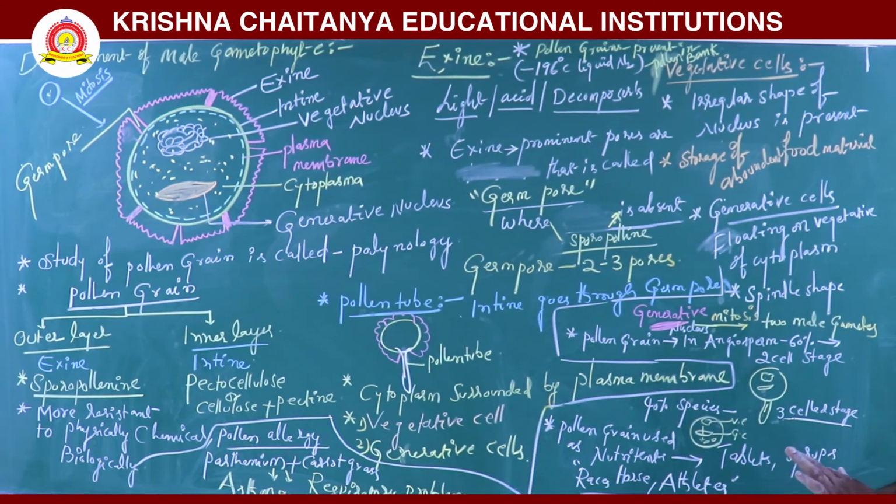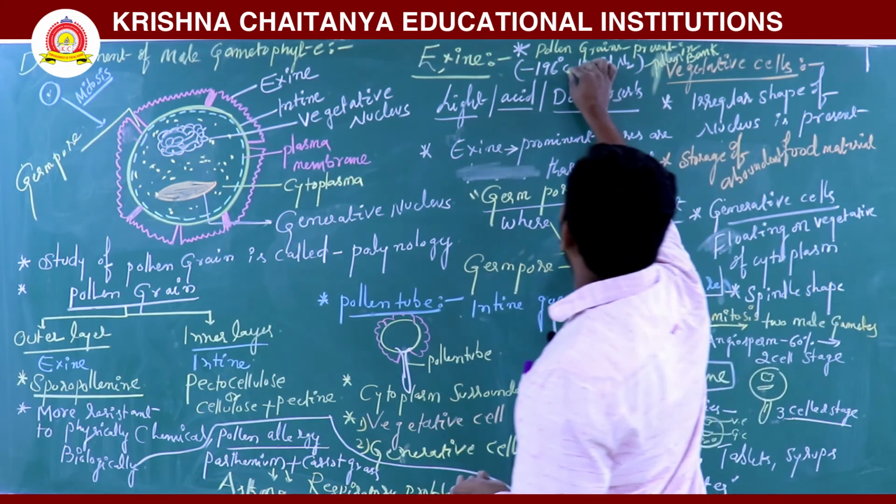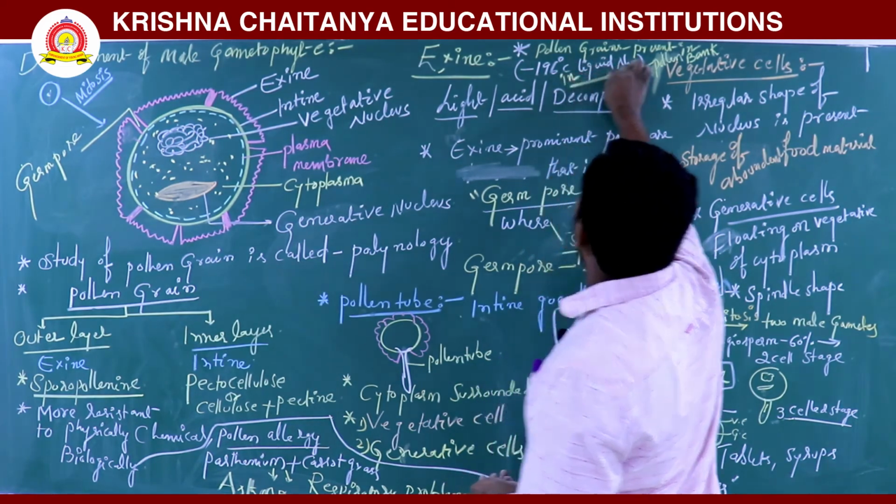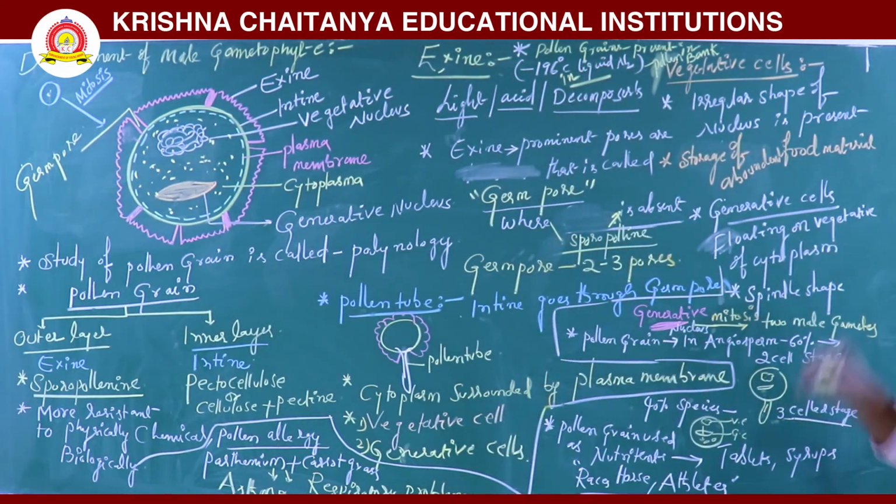Pollen grains are preserved in liquid nitrogen at very low temperature. That is called a pollen bank.